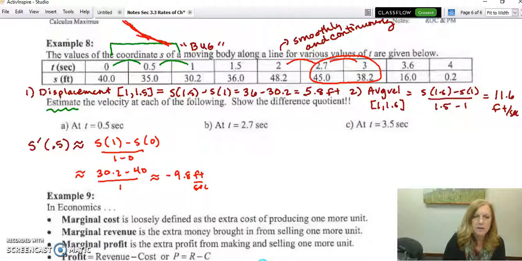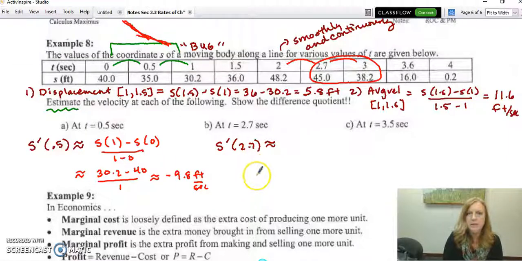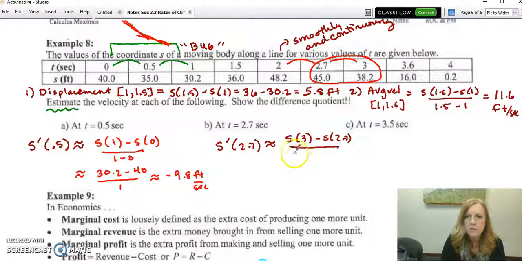And again, we'll say our estimate, S prime of 2.7, is approximately, showing labeling it. Then I use these values. So we would do S of 3 minus S of 2.7 over 3 minus 2.7. You do want to get into the habit: I always do end minus beginning because then the top is the displacement.